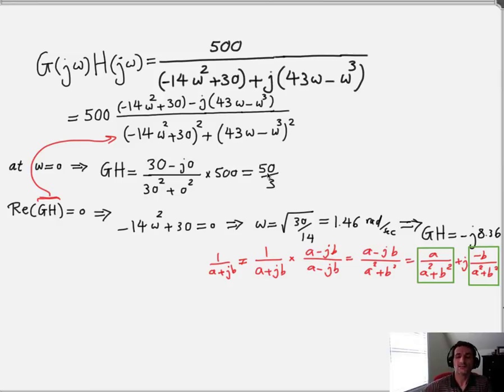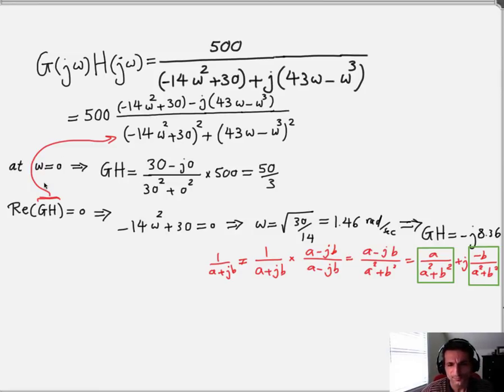That means when you start drawing your plot, the first point, which is associated with omega equal to 0, is 50 over 3, and of course it's a pure real number. I'm going to show you how to connect these different dots and come up with a meaningful sketch that we're going to use for other purposes.